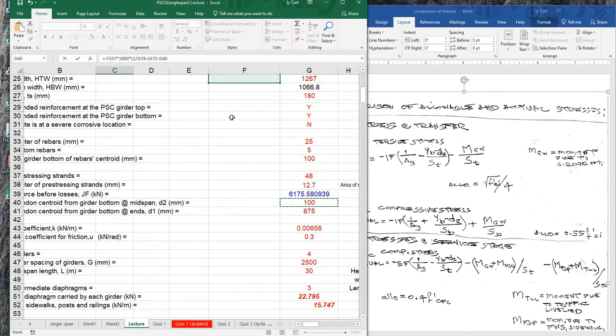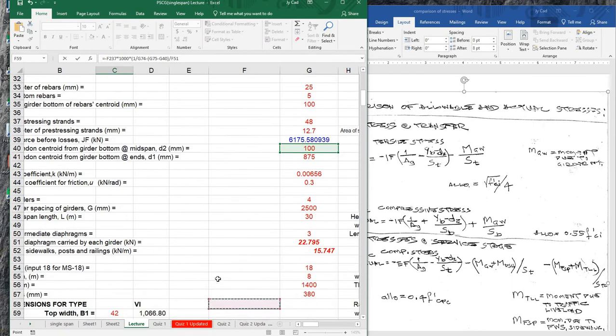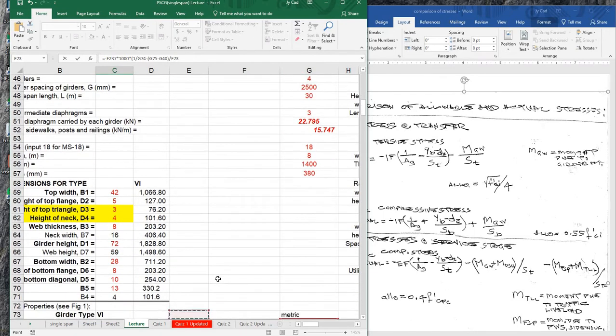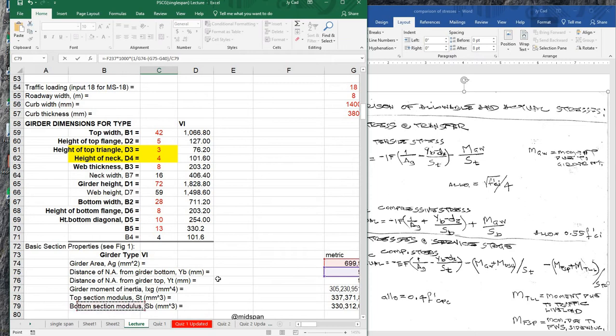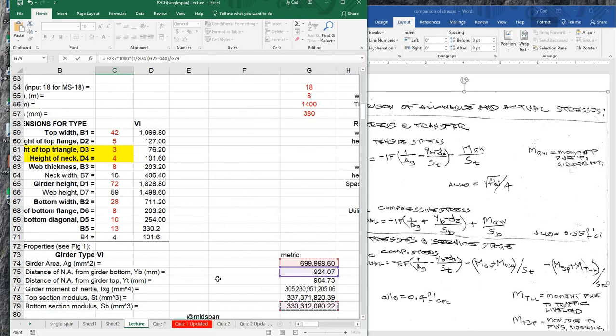All over section modulus top. Okay, there it is. And that is in the gross basic properties. Here, okay? So, S bottom section modulus, and then close parenthesis. Let me just put a space, minus.